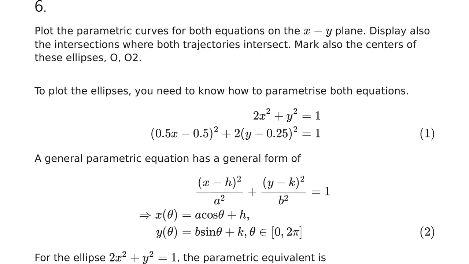This means its center is at (1, 1/4), with semi-axis a equal to 2 and semi-axis b equal to 1 over the square root of 2. Its parametric forms are x of theta equals 2 times cosine of theta plus 1, and y of theta equals sine of theta divided by the square root of 2 plus 1/4.